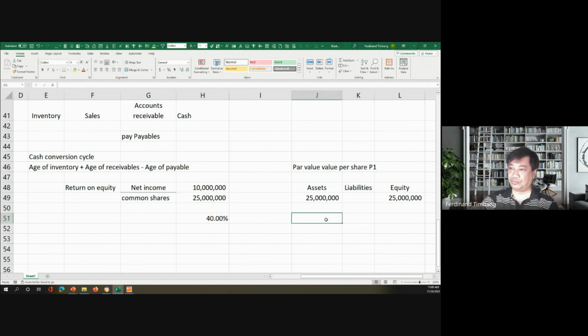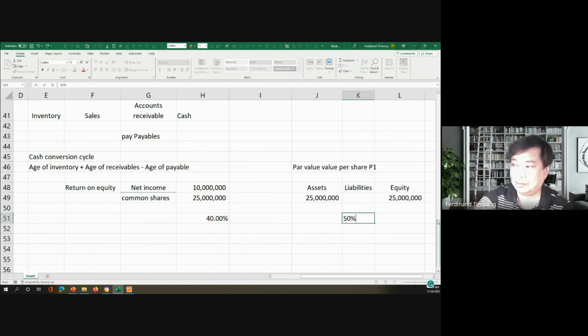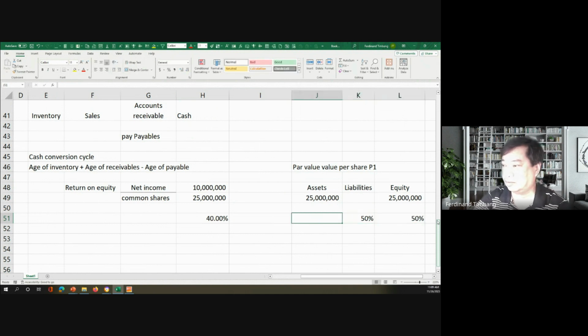But what if lang? Instead of 25 million equity to support, let's say yung 25 million assets na yan, ang ginawa natin, nag 50-50 tayo. So, ito yung 100%.